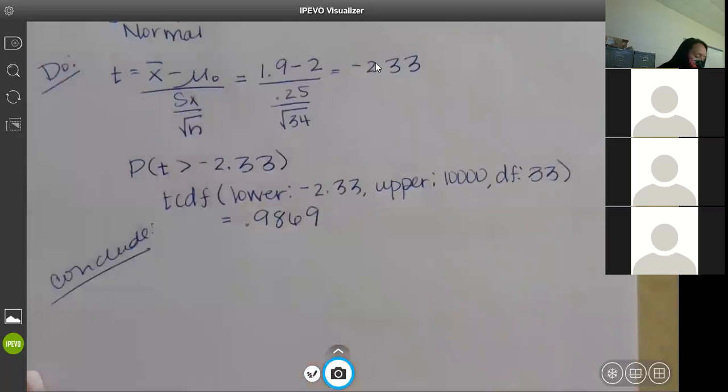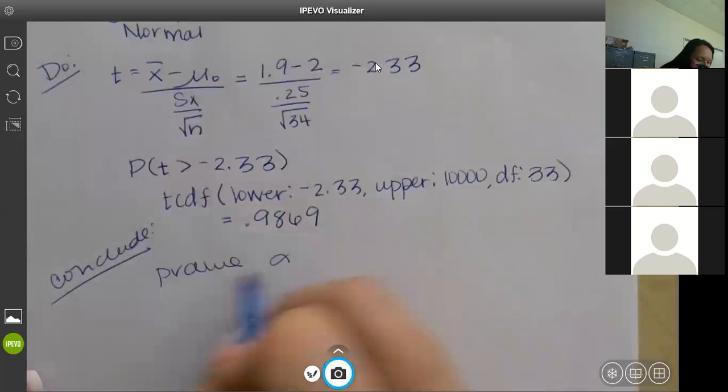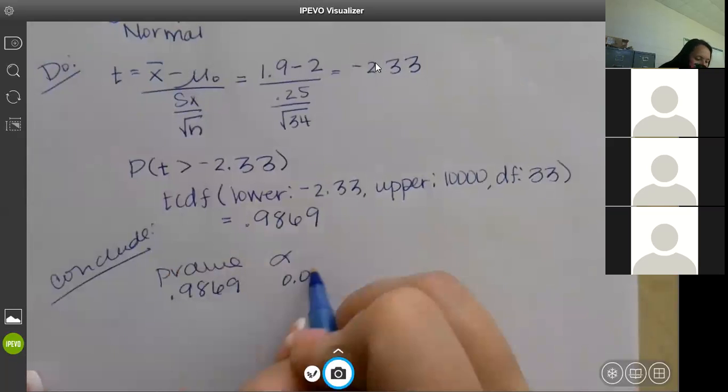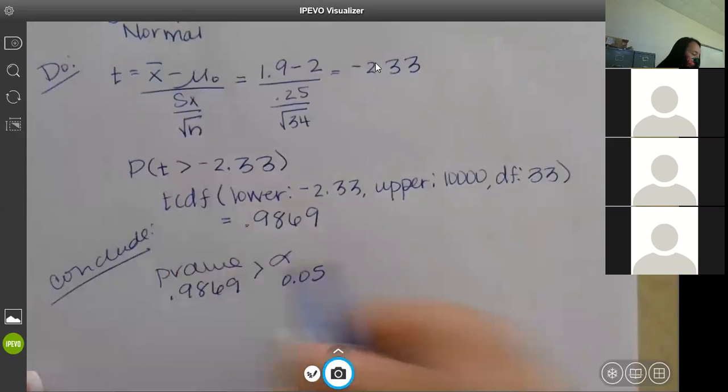So we're going to conclude by comparing our p-value to our alpha, so 0.9869 to 0.05. We know that our p-value is greater.